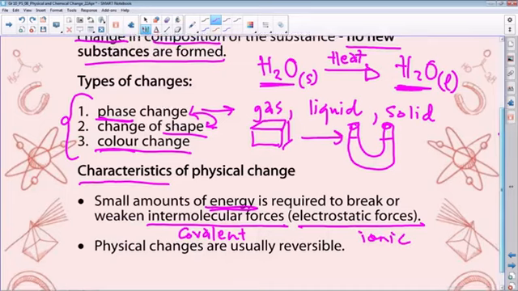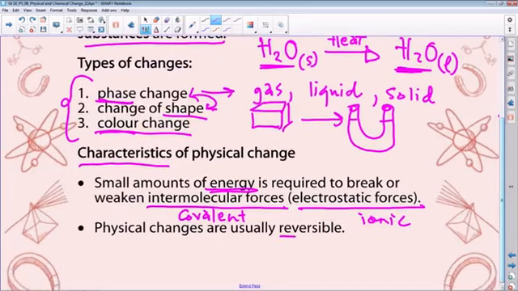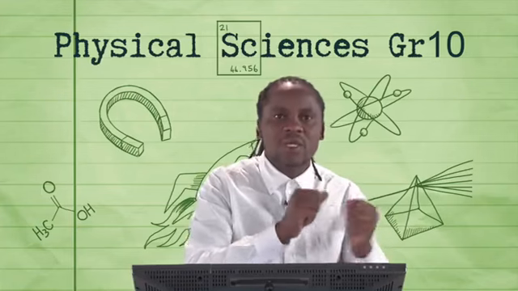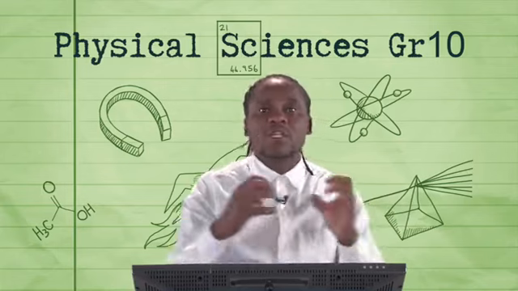Now, in other words, the physical change is also reversible. If we're talking about a change being reversible, it means, say, for example, the ice that we spoke about. If you heat, you supply energy, the intermolecular forces become weaker, and then it changes phase.